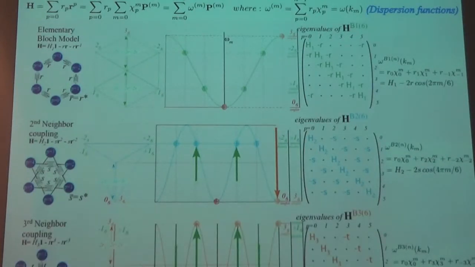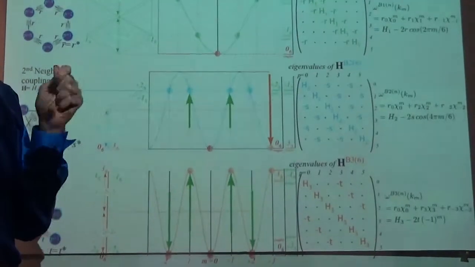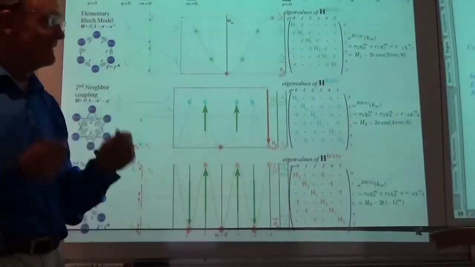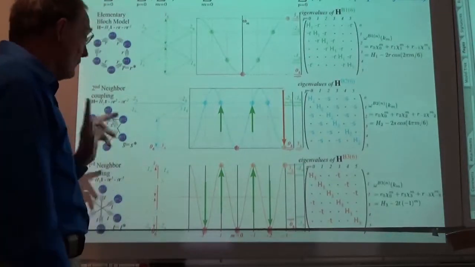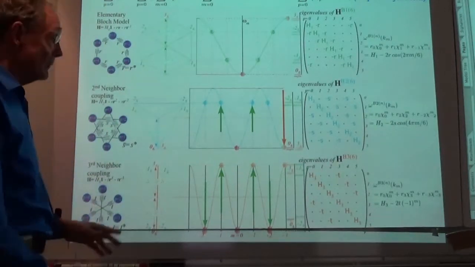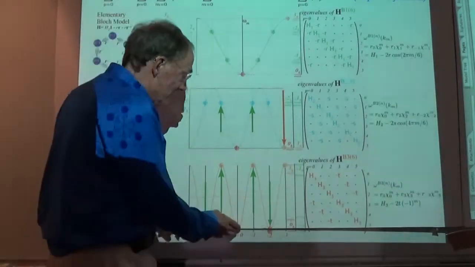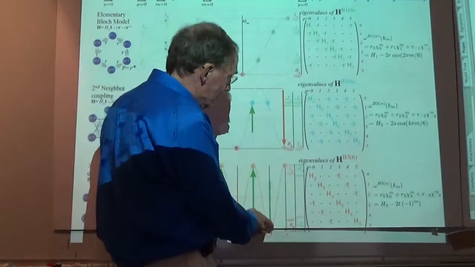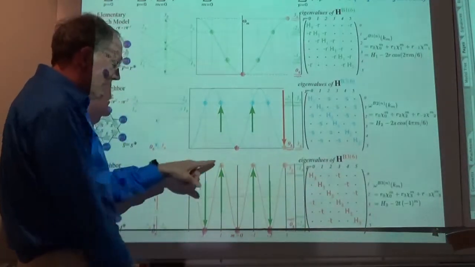And finally, with third neighbor couplings, I'm just going to have 3 of our C2 problems on top of each other. Okay? So I'll have symmetric and anti-symmetric, symmetric and anti-symmetric, and then I've got another one over here, symmetric, anti-symmetric.